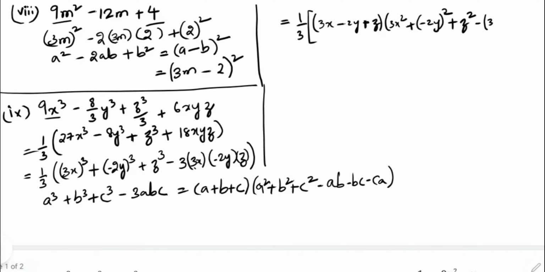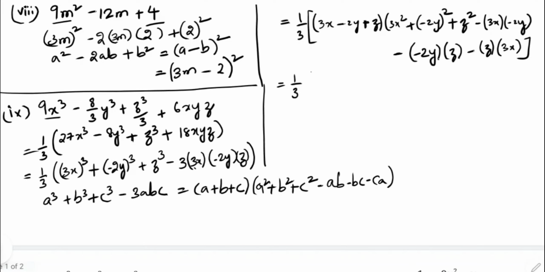A is 3x and b is minus 2y, minus bc. B is minus 2y and c is z, minus ca, that is z and a is 3x.